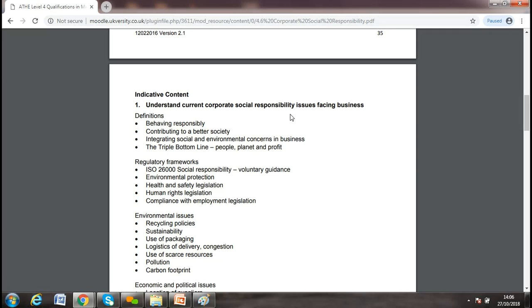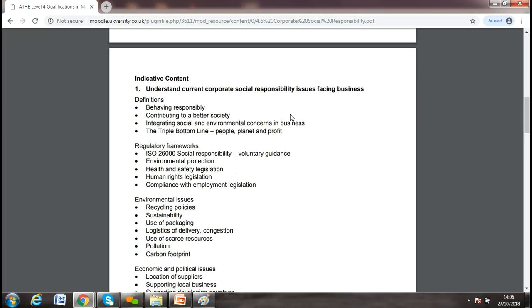Then we discussed the use of packaging, logistics of delivery, congestion, and use of scarce resources, where we have unlimited wants and limited resources, which I mentioned during our first lesson.